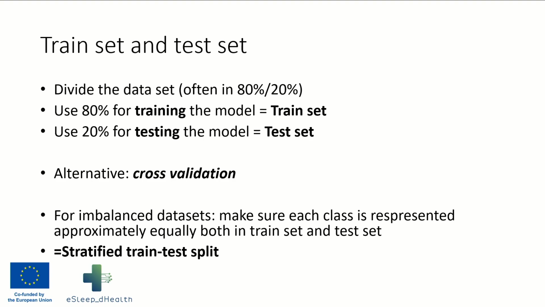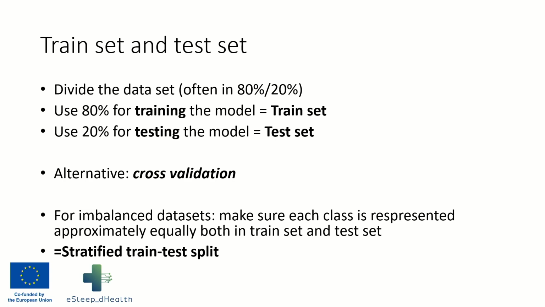So each fold has been used for testing once and all the others have been used for training once. And then you can calculate the averages. But that's, again, more detail than you maybe need at this point.